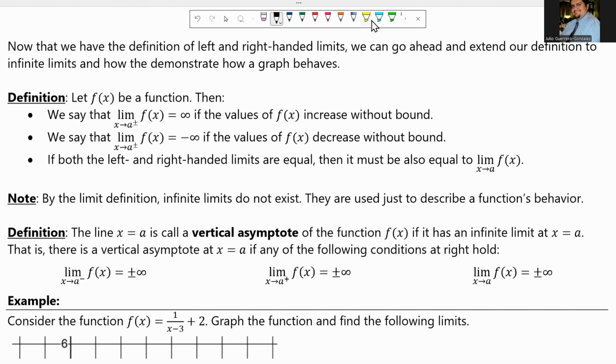We say, let me do this definition right here. We say that the limit as x approaches a, either from the positive or from the negative, of f of x, is equal to infinity. It's equal to an infinity, okay, if the values increase without bound, same thing, equal to negative infinity if the values decrease without bound.